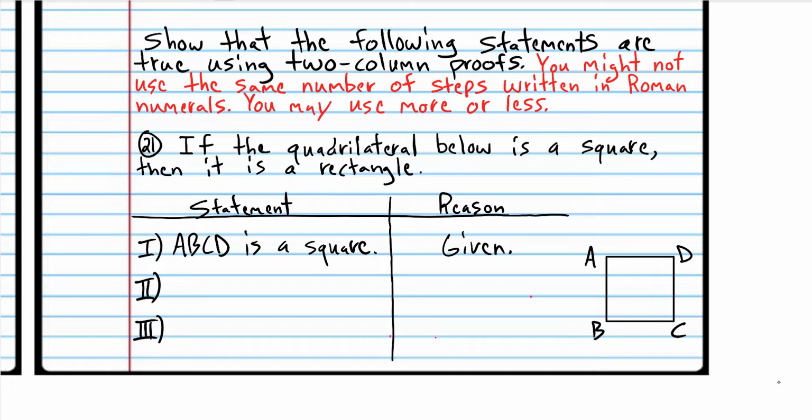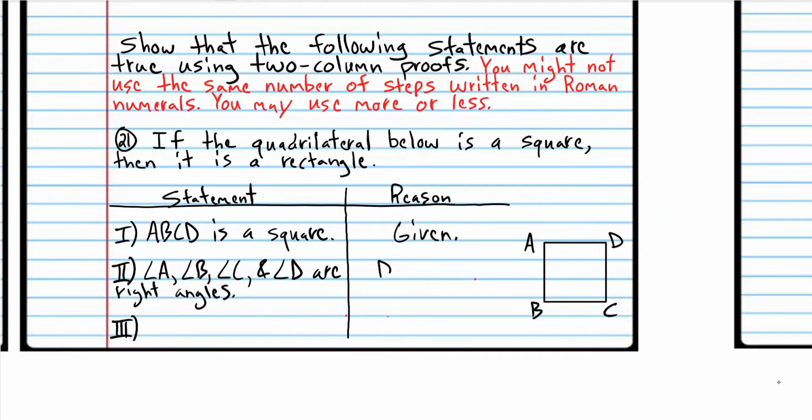Now, if ABCD is a square, remember the definition of a square is a quadrilateral with 4 right angles and all sides congruent. So the idea that a square has 4 right angles is just part of the definition of a square. So we can say that angle A, angle B, angle C, and angle D are right angles, and that's just the definition of a square.